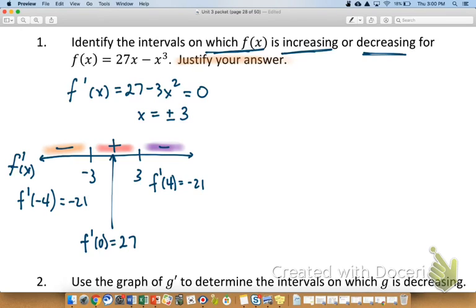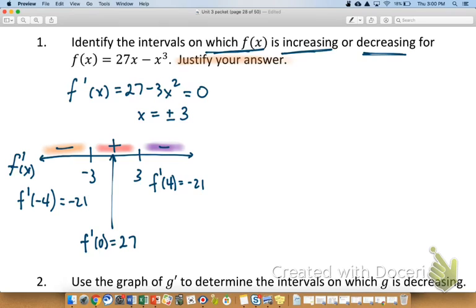So I can't imagine you would think that if my reasoning was, hey, f is increasing from negative 3 to 3 because check out my graph. Does that sound like really solid reasoning? I hope you don't think so. It's not good reasoning. Or it's not sufficient reasoning, I guess.